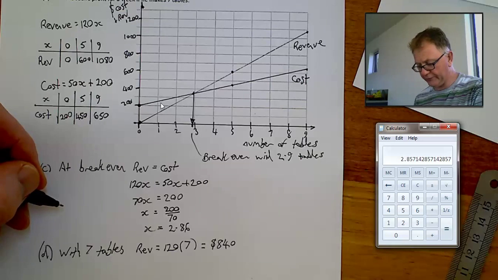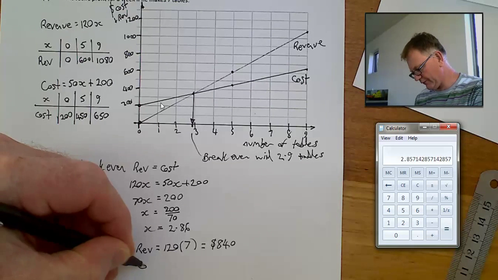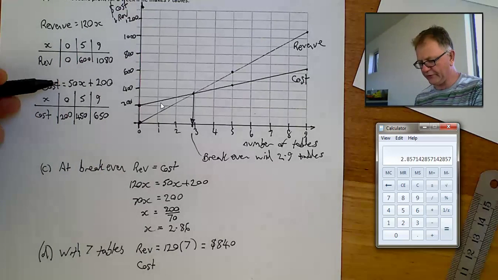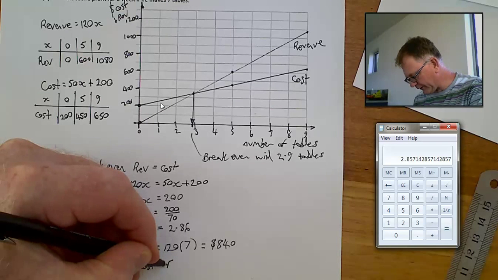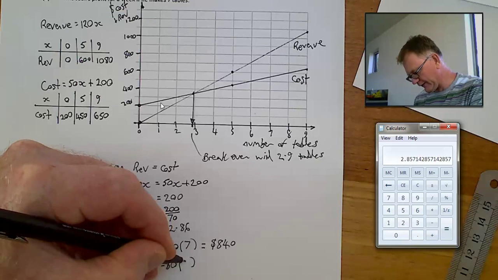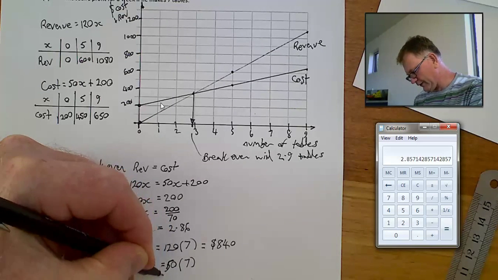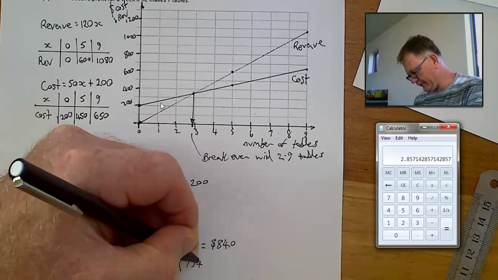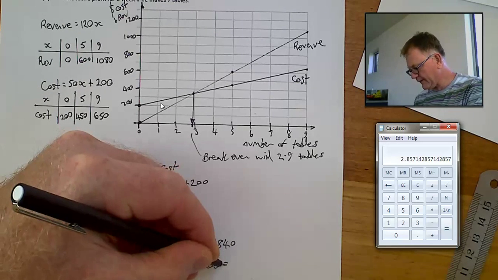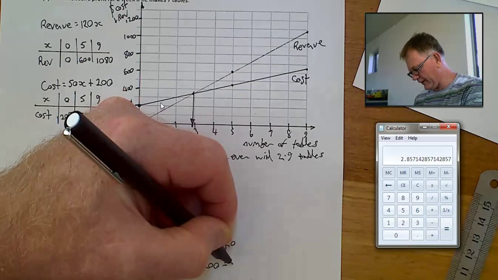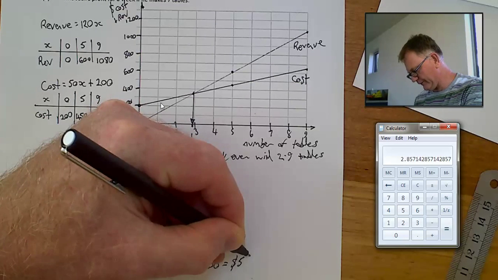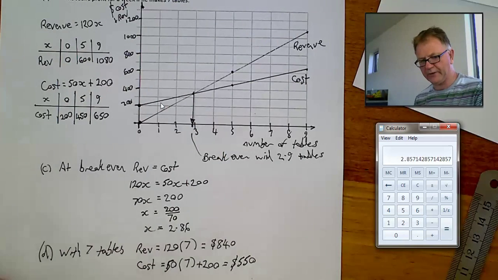The cost of producing 7 tables, I can work out from this cost equation here. So it equals 50x, x equals 7, 50 times 7 plus 200. And 350 plus 200 equals 550. And to work out the profit then, the profit is the difference between revenue and cost.